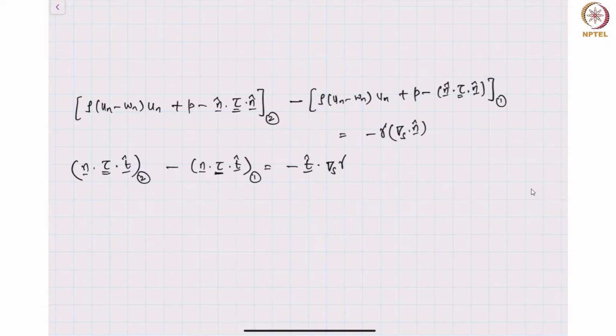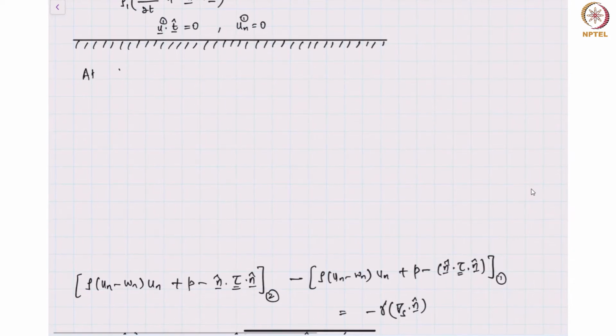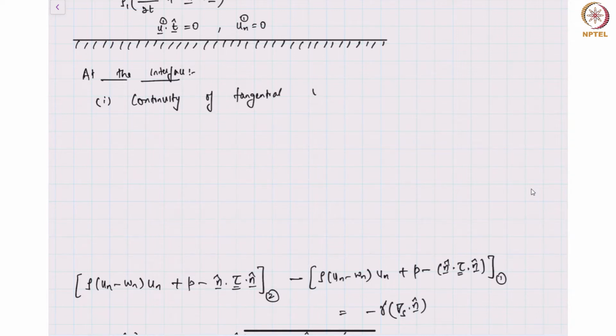In addition, you will need a few more conditions, such as continuity of velocity at the interface. The first one is continuity of tangential velocity.